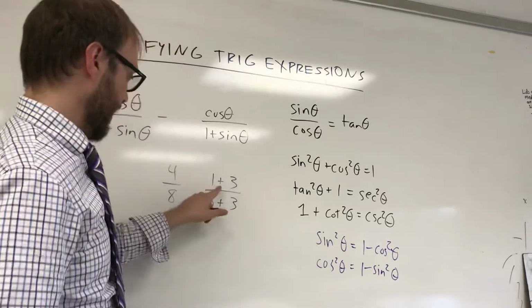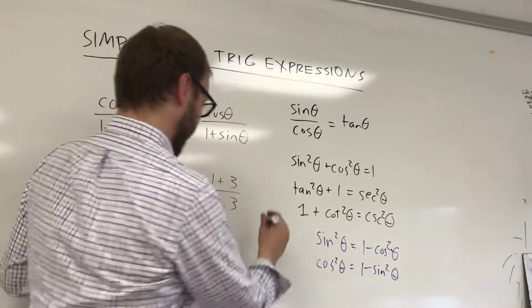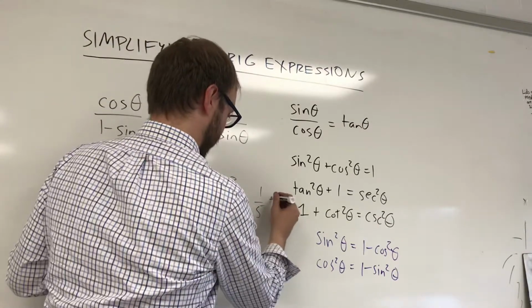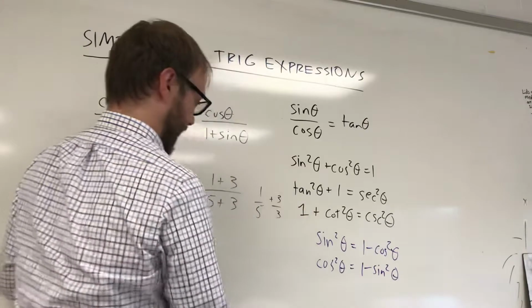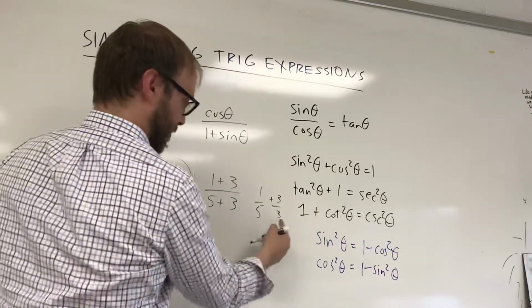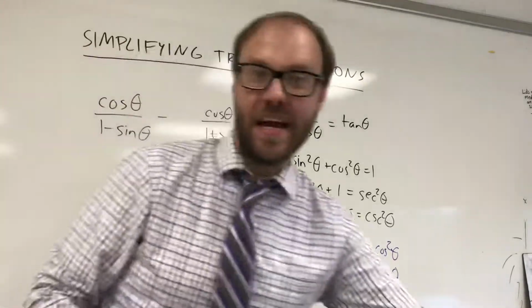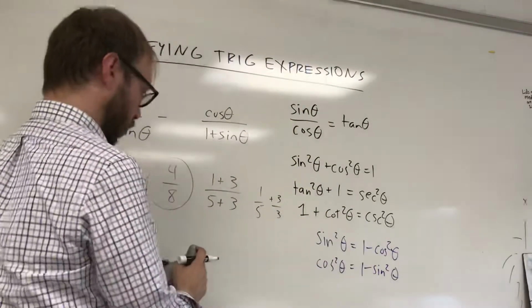Does everybody agree that's 4, that's 8, these are the same thing, okay? If I write this as 1/5 plus 3 over 3, that's 1 and that's a fifth. 4/8 is not the same thing as 1 and a fifth, okay? This doesn't work, okay? But there are things that do work, okay?